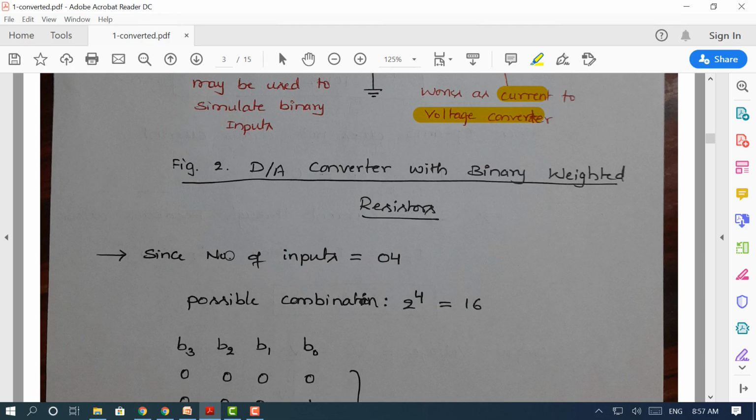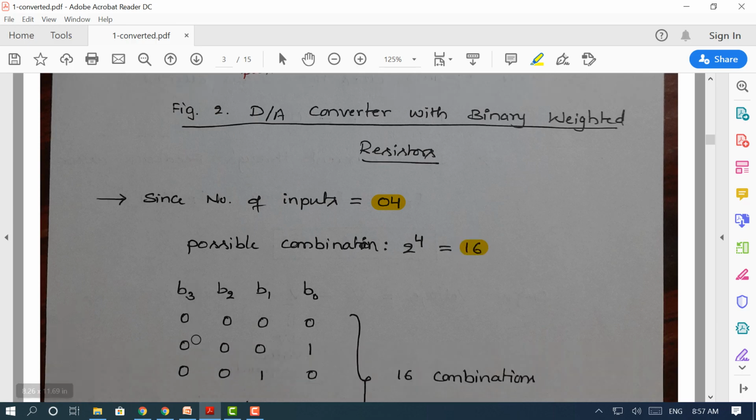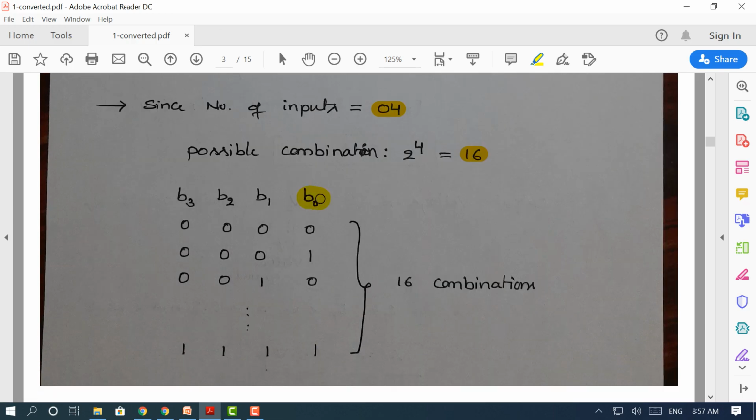Since the number of inputs is 4, there can be a total of 16 possible combinations. B0 is the LSB and B3 is the MSB, the most significant bit. The possible combinations vary from 0, 0, 0, 0 all the way up to 1, 1, 1, 1. There are totally 16 combinations.